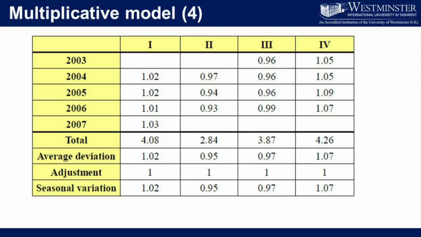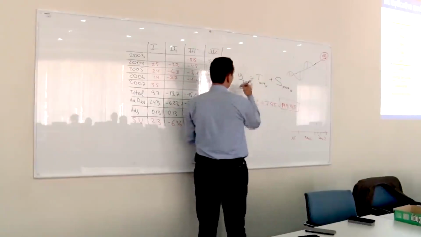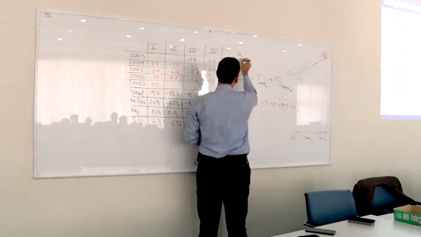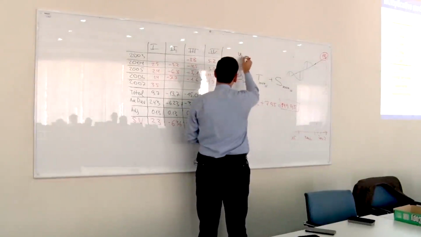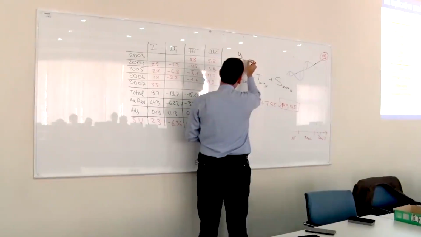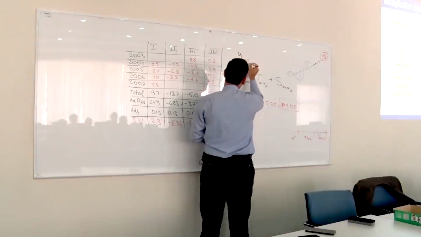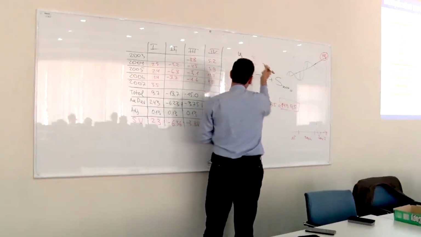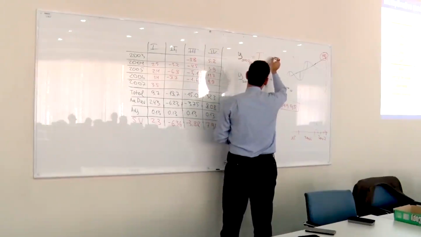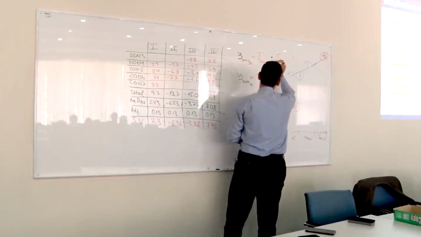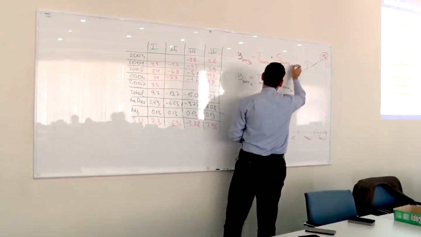So to find the actual data for 2007 quarter 4 using the multiplicative model, we do the trend of 2007 quarter 4 multiplied by the seasonal variation of 2007 quarter 4. Okay?